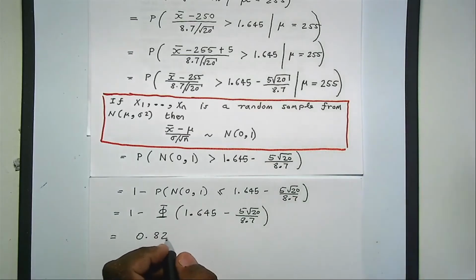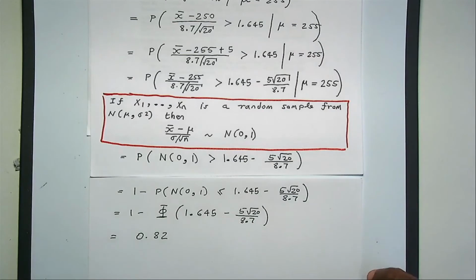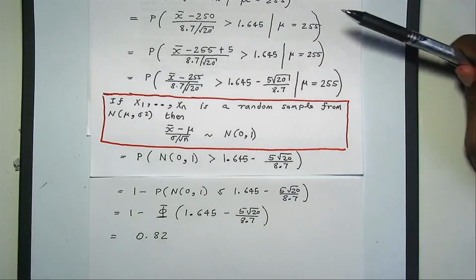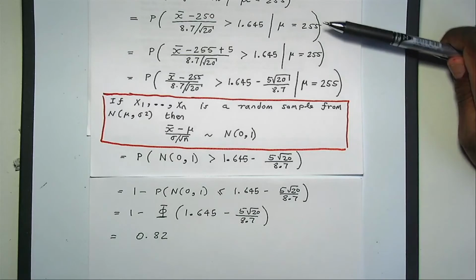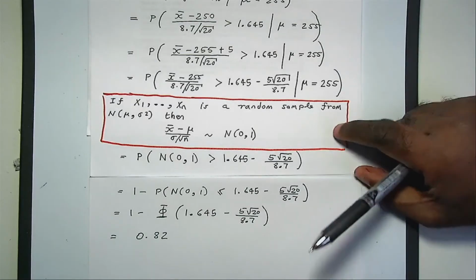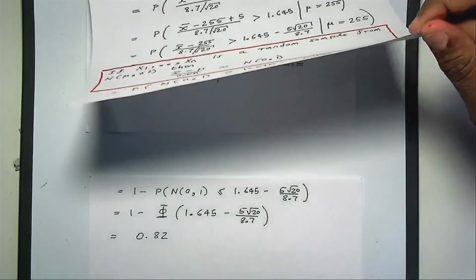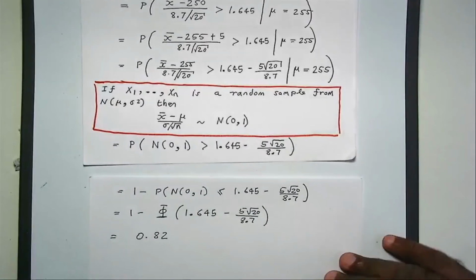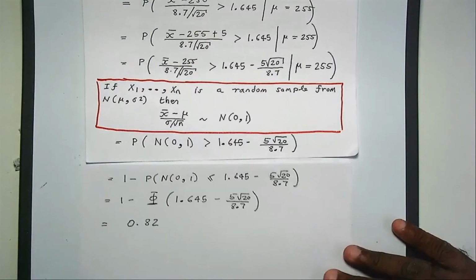So this is when the true population mean is 255. Now we need to do the same thing over again when the true population mean is 257. So let's continue.